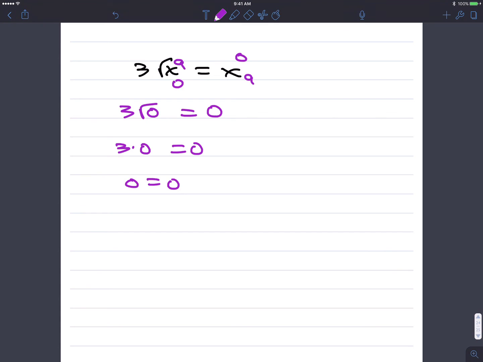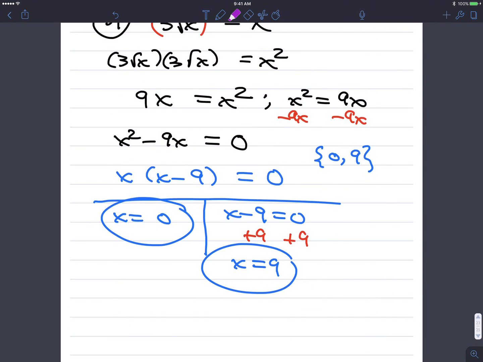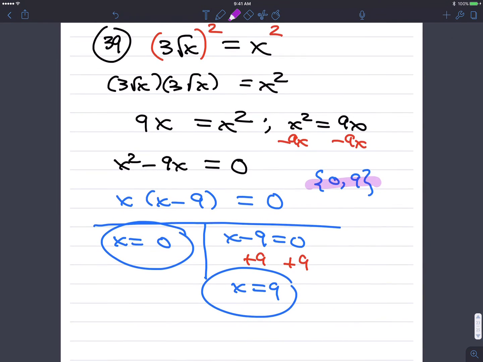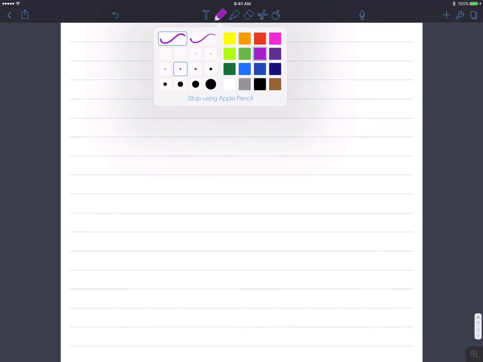Let's plug in a 9 now. 3 square root of 9 is 9. 3 times 3 is 9, or 9 is 9. In both cases, we get true statements. That means the solution set is, in fact, what we see here, which is 0, 9, and that's for number 39. So we checked our solutions and they're actual solutions.